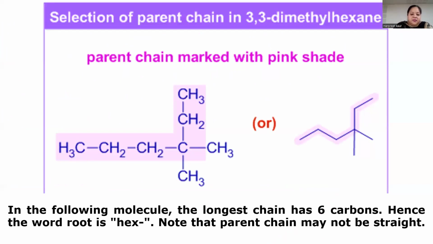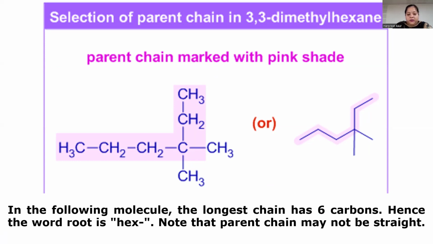Now in this case, a compound is shown with a chain of 6 carbon atoms. On these 6 carbon atoms in the chain, which are in the shaded line, 2 methyl groups are outside this parent chain. And these 2 methyl groups will be written in the prefix as substituents.